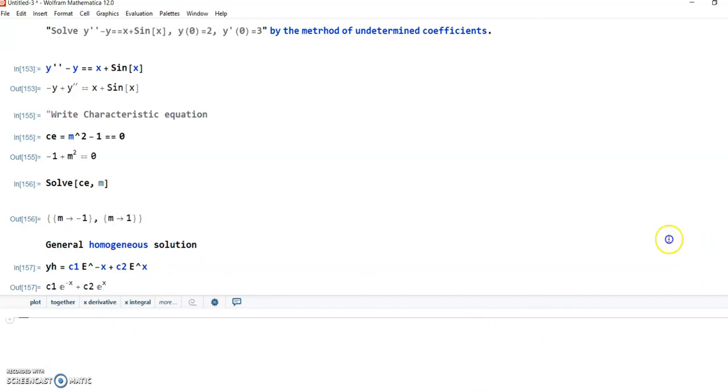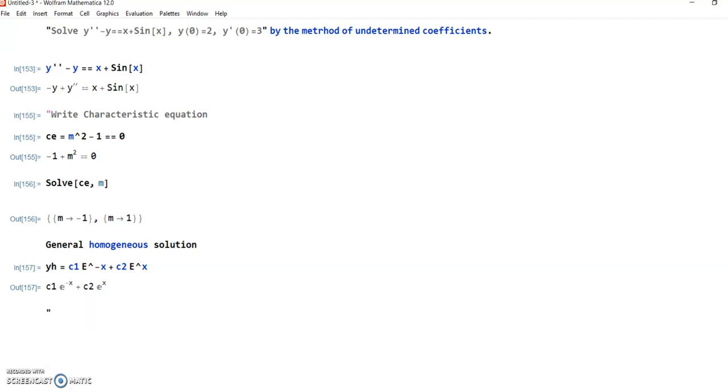So now the next step is to write the general form of the particular solution. Okay, write the general form of the particular solution. So Control V, and then this is the general form of the particular solution. In this case, the non-homogeneous part was x plus sine x. So its particular part will be then this.